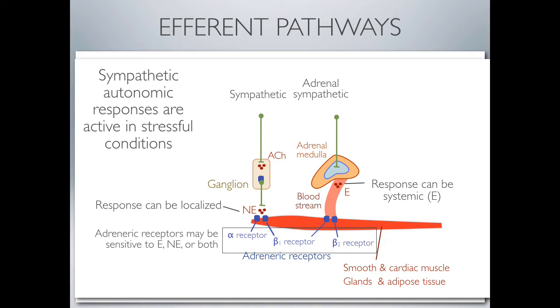So you could have that at the chemical synapse of a sympathetic neuron, so it gets that targeted control, but then it's also activated by the release of epinephrine in the bloodstream. Since the beta 1s are sort of a generalist receptor, they're slightly less sensitive to either norepinephrine or epinephrine, but they have that ability to respond to both.